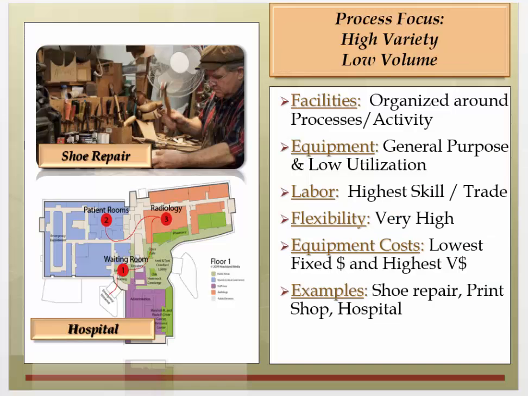So let's just delve into a little bit more detail about each one of these. So the first is the process focus, where we've got the high variety, low volume. So the facilities are all going to be organized around one process, and they're often quite complex. The labor is going to be very high skilled, like a trade or something like that. And the equipment, expensive, but relatively inexpensive compared to, say, the process for the paper factory, the product focus.